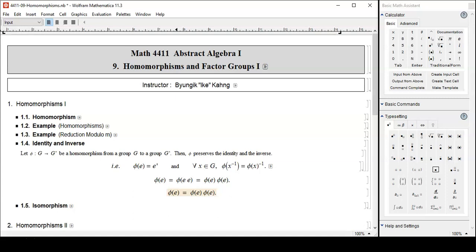What do you have? Phi of e is phi of e times phi of e. And then if I cross out, then everything is out. So we have to have the identity here, and that identity should be the identity in G prime. So we have e prime, and that's equal to phi of e. Yeah, we get what we want using the cancellation rule.